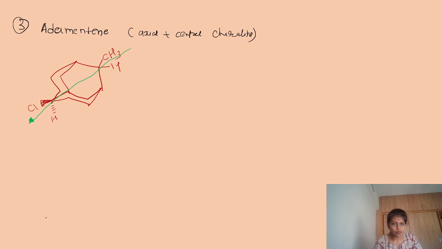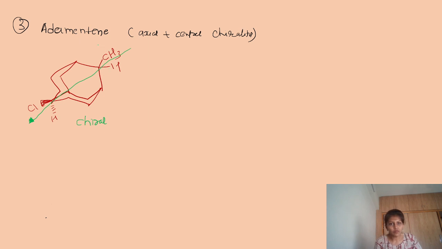So a spiro compound you can draw like this, and if the atoms are attached like this, then you can say it is an adamantane system, and it is chiral. So if it is a chiral adamantane, then you can find R and S, right?